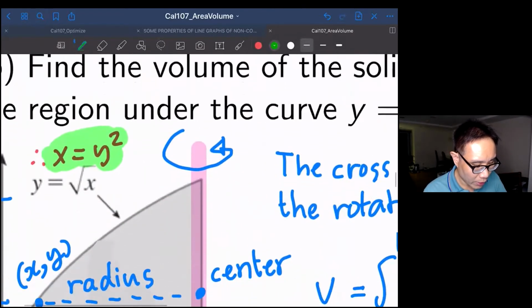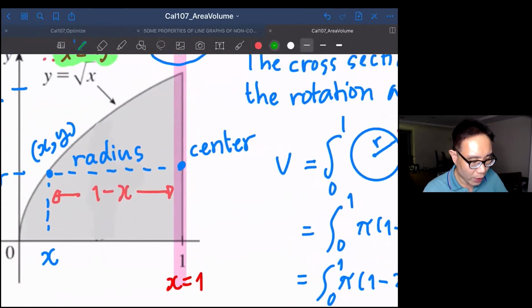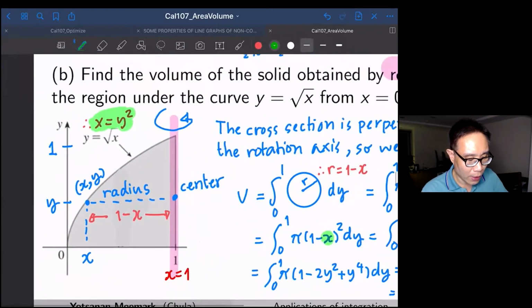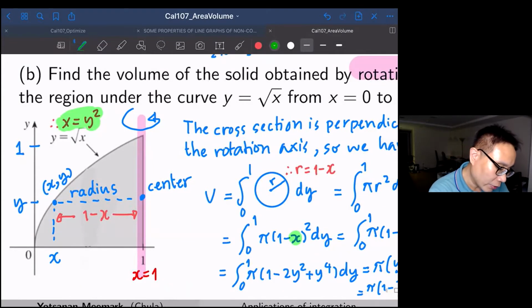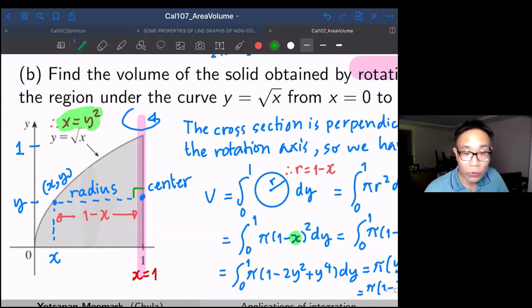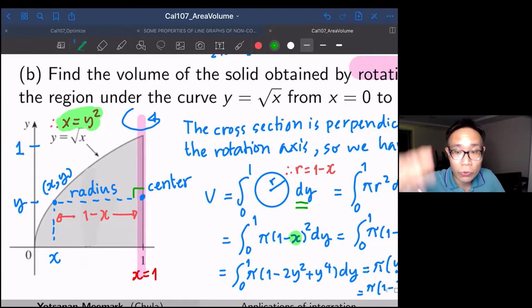And another thing is you rotate this one about x equal to 1, and this perpendicular thing turned out to be in terms of y instead of x. So you're going to use dy here, and you're going to cover y from 0 to 1 in order to cover the whole region.